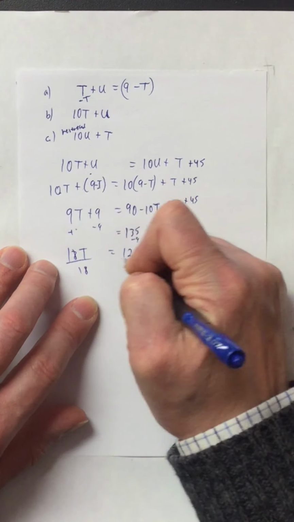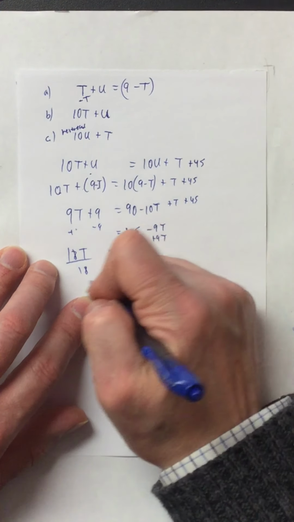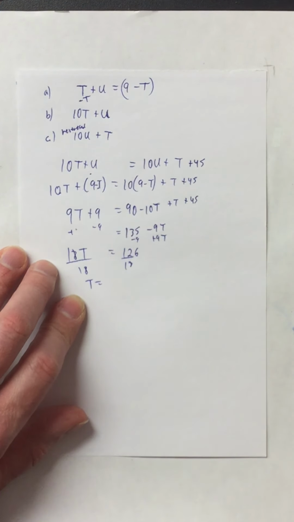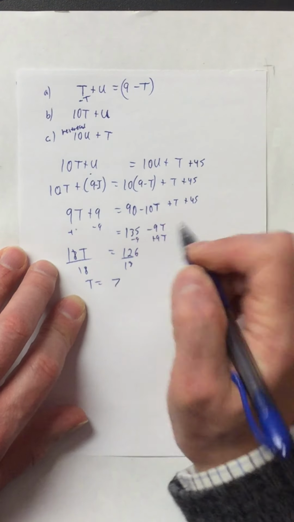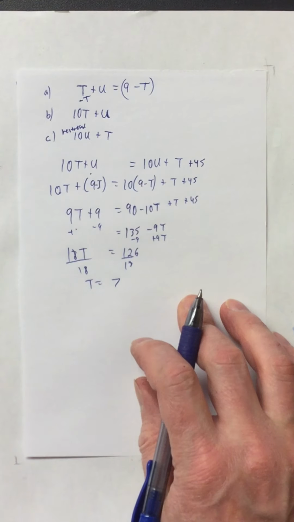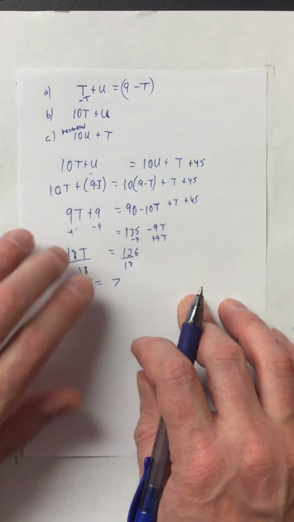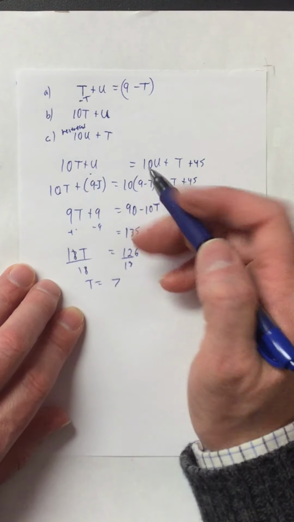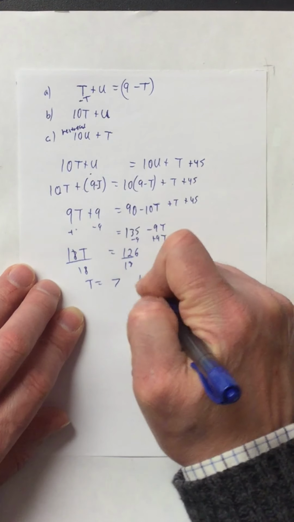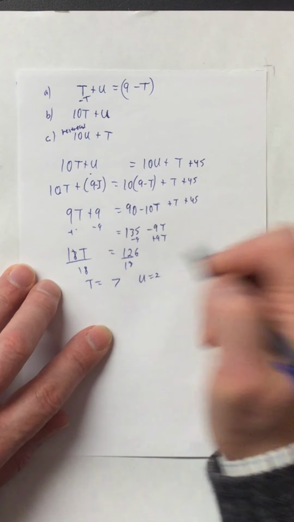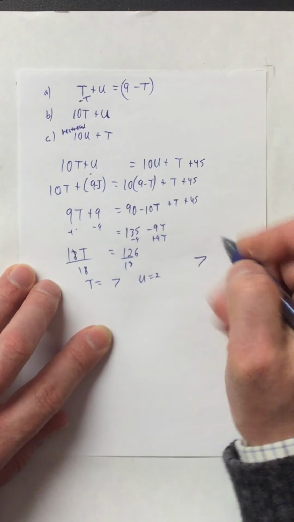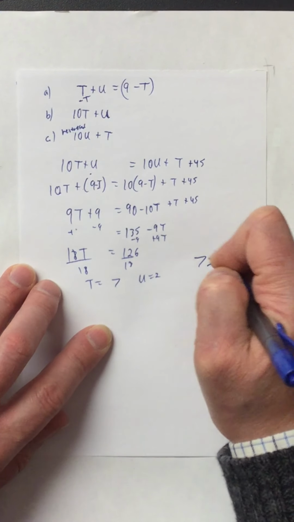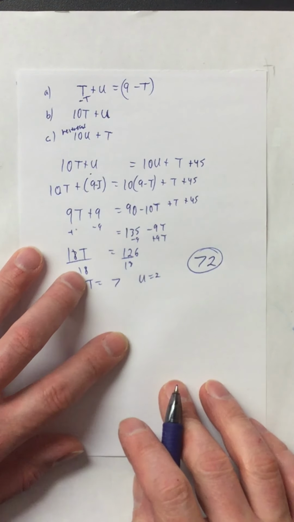Okay, and then divide by 18, divide by 18. 126 divided by 18, it looks like my t value is 7. Double check that there in the book. Okay, if my t value is 7, then 9 minus 7, it looks like my u value is 2. So my 10's place is 7, my 1's place is 2. It looks like my number is 72.